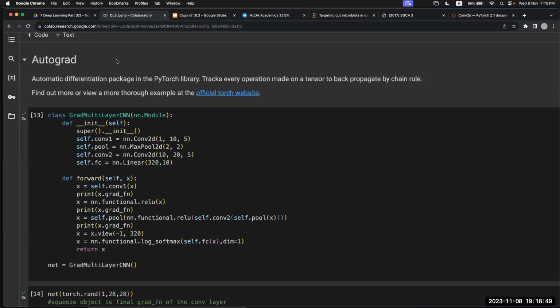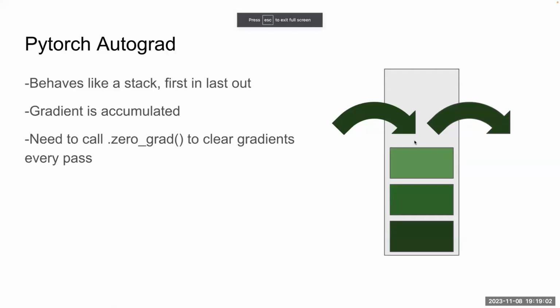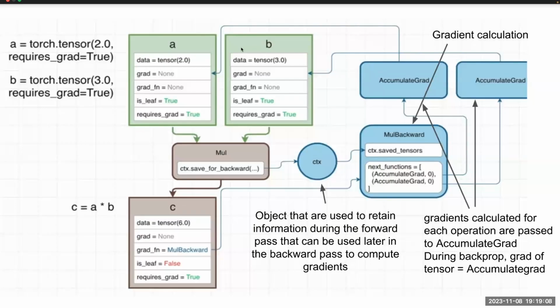Autograd is how PyTorch calculates gradients. It behaves like a stack, for those that have taken data structures and algorithms. The gradient functions are added into the stack and it is first in, last out, basically. This is a better graph of how gradient accumulation works.